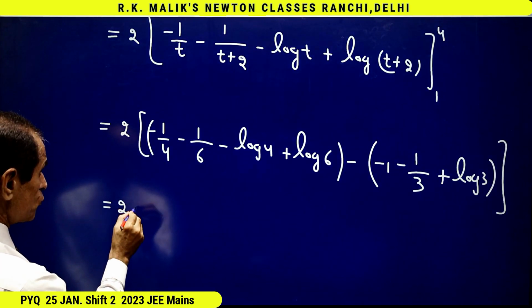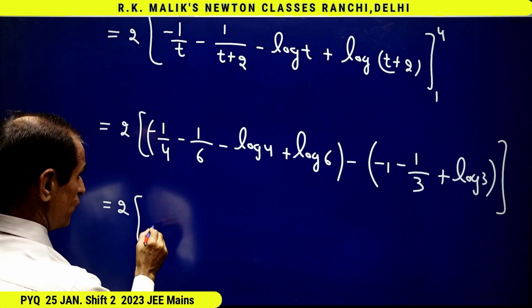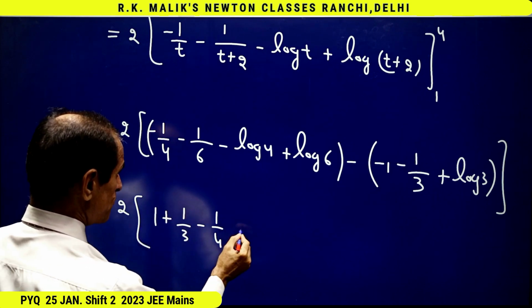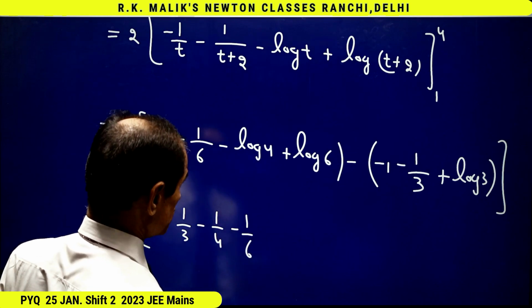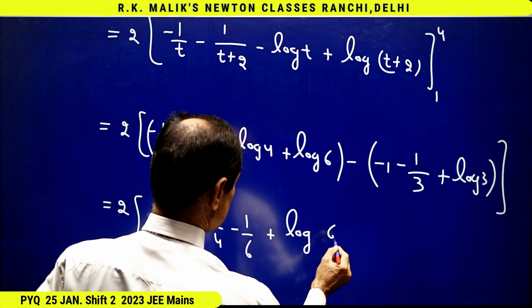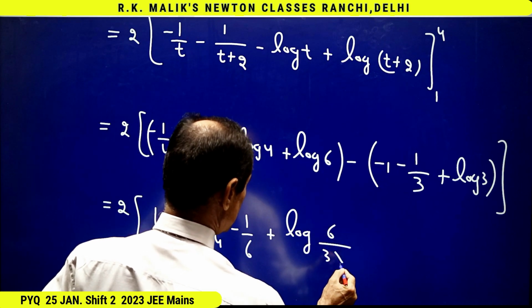This is equal to 2 times [1 + 1/3 − 1/4 − 1/6 + log (6/(3×4))].